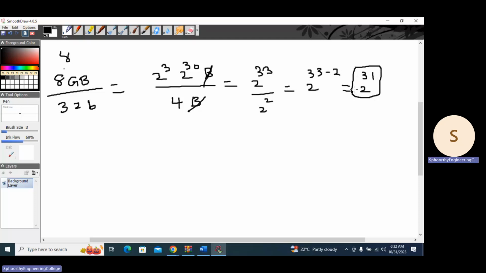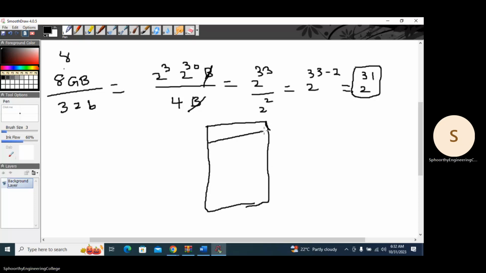Friends, please observe this carefully. Your main memory or RAM will look like this. It will be divided into pieces. Each piece is 32-bit.